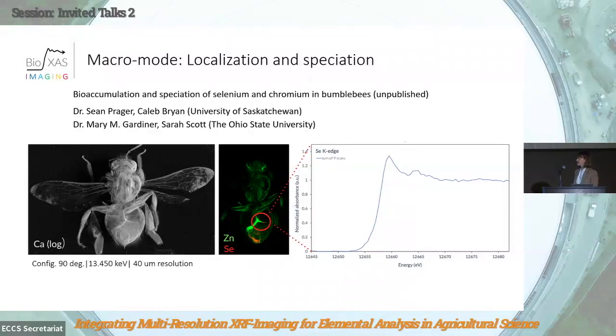They imaged the bumblebee at a 90-degree stage configuration and at 40 micron resolution. They were also interested in how the microbiome naturally present in the bumblebee gut could play a role in the detoxification method by changing the redox states of selenium.